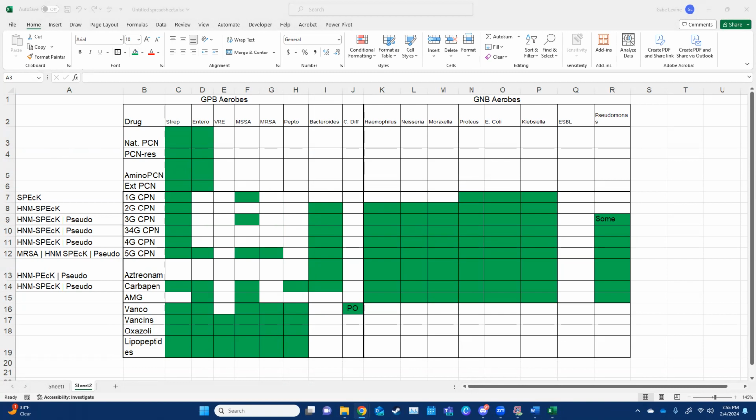Except for, I think I went too broad. No. Nope. Okay. Yes, because it's them. Kind of. Not really. Of our penicillins, which one is going to be covering staph?